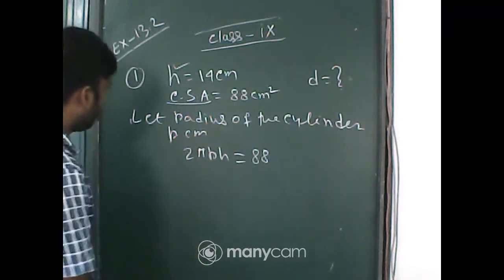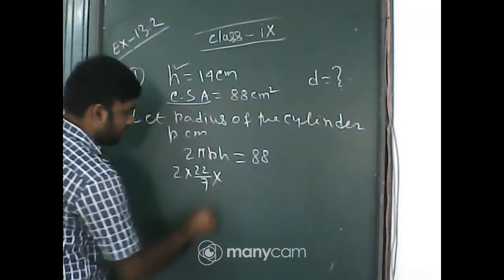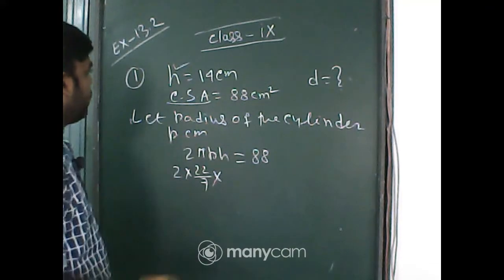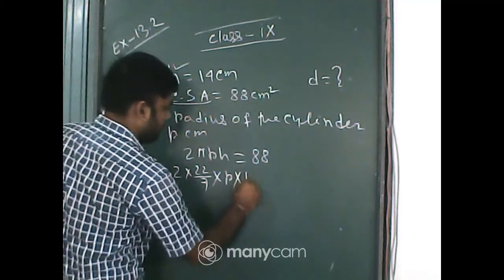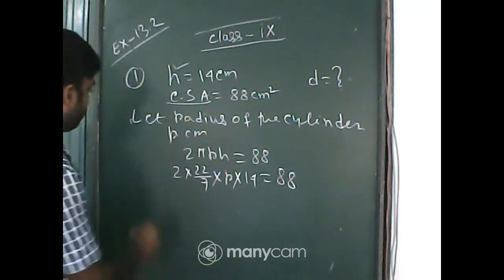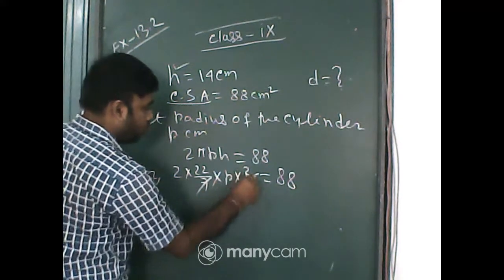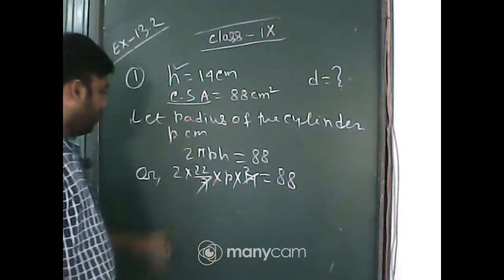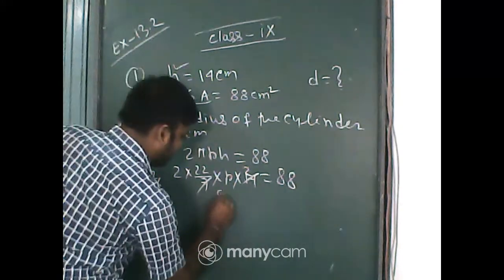Now 2 into 22 by 7 into r into h, which is 14, equals 88. 2 into 2 is 4, 22 into 4 is 88.